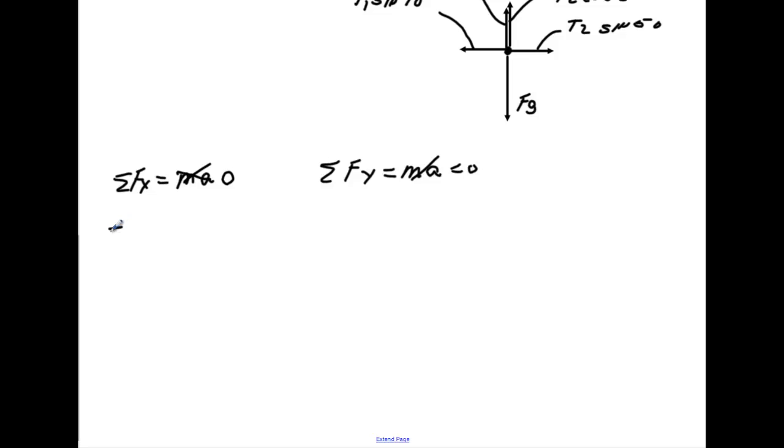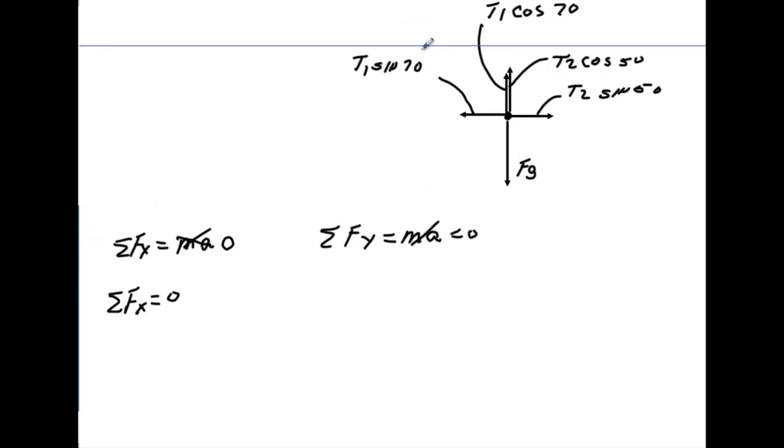The summation of forces in the x is equal to 0. I look back at my diagram, and I will have minus T1 sine of 70 plus T2 sine of 50 must equal 0.